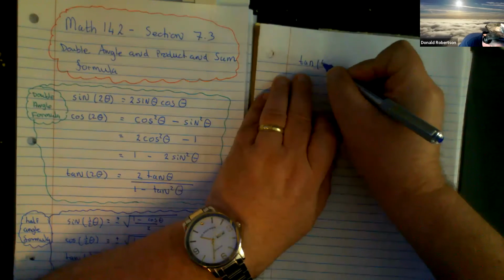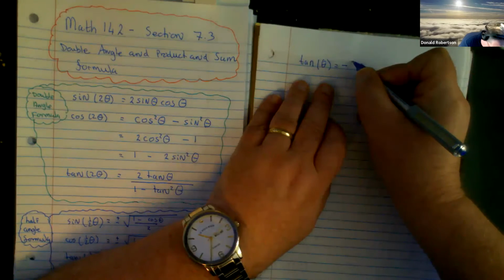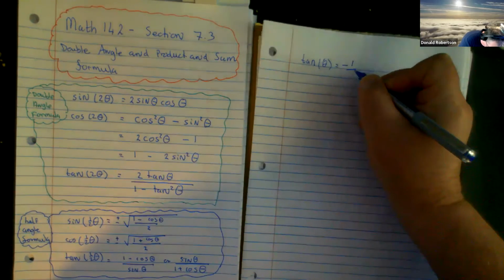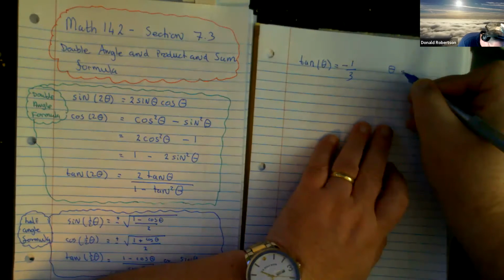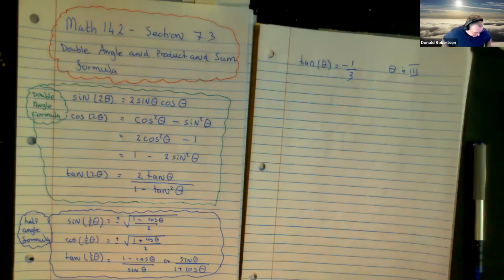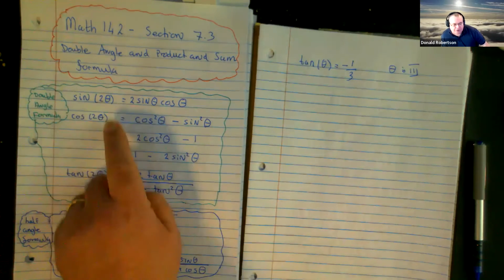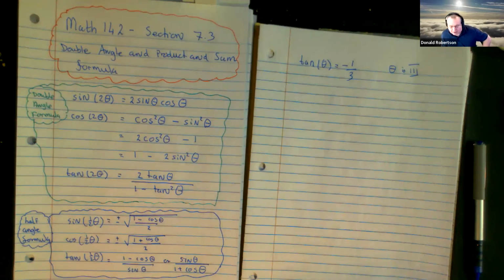I like theta. So the tan of theta is negative 1/3. And I'm going to tell you that theta is in the 3rd quadrant. And your job is to pick any one of the 3 that you like, because you won't have time to do all 3, because I'm not giving you enough time to do that. So find the sine of 2 theta, find the cosine of 2 theta, or find the tan of 2 theta, right? Whichever one you like.